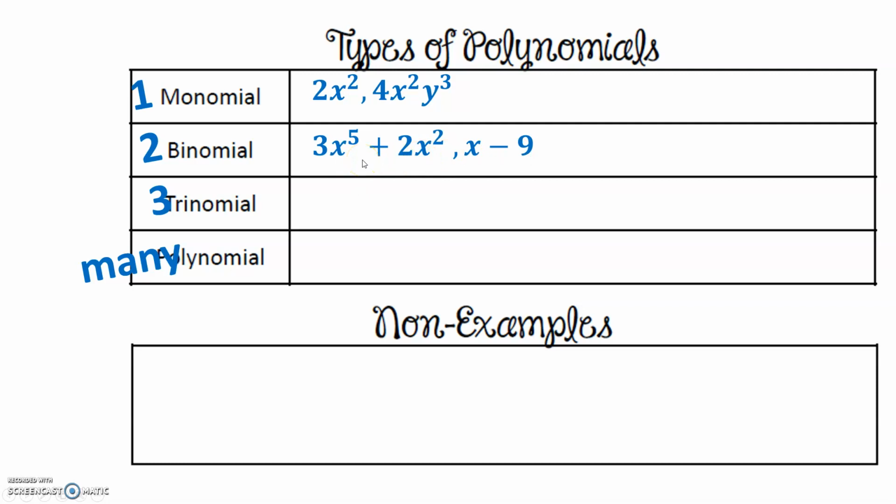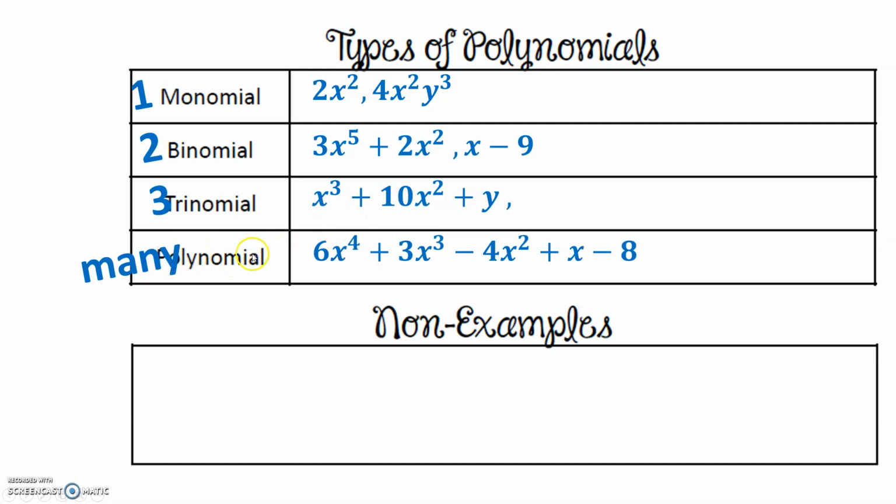And if you really want to know, come and ask me about it in class tomorrow and you'll get extra credit points. The last one is a trinomial, right before we go into polynomials. And this is when you have three monomials being combined or subtracted in some type, form, or fashion.